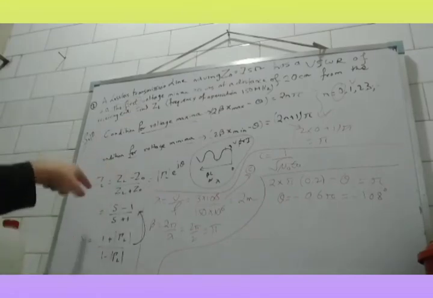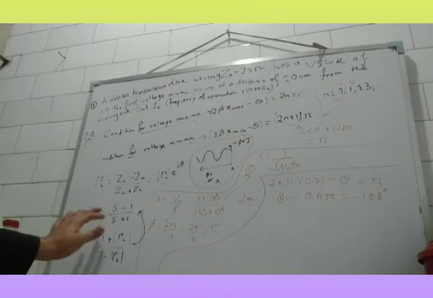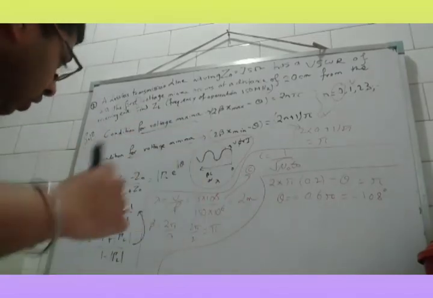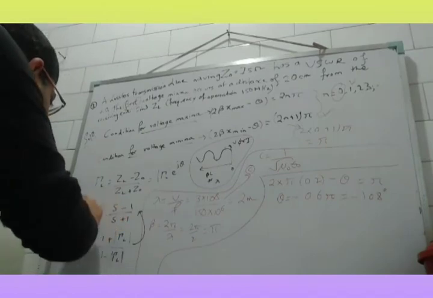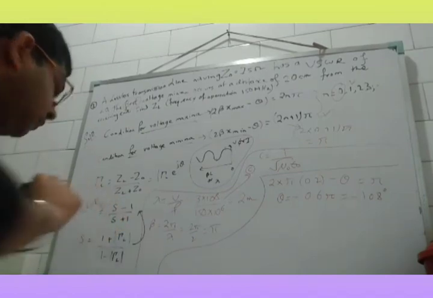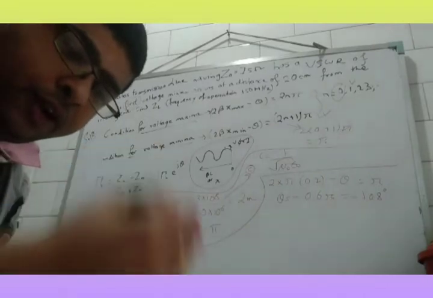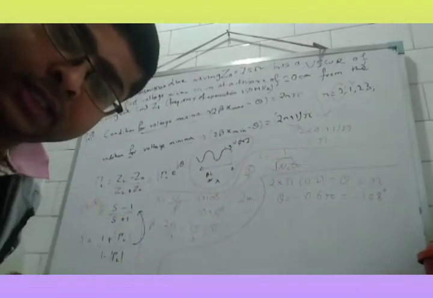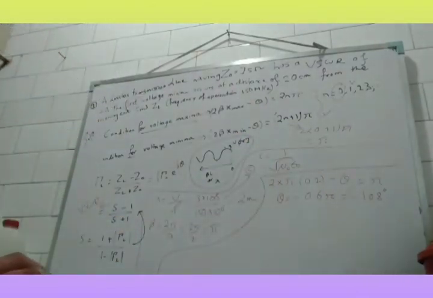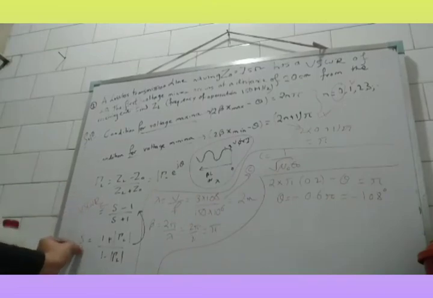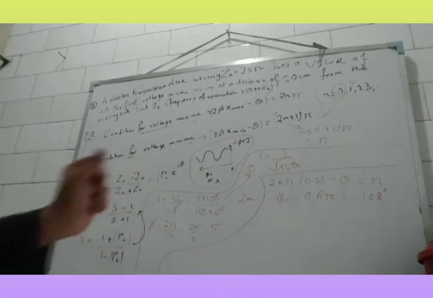Okay. Another formula for the reflection coefficient is S minus 1 by S plus 1. What is S? S is basically your VSWR, voltage standing wave ratio. You can denote it by small s. So the VSWR formula, you know this: VSWR is equal to 1 plus the mod value of the reflection coefficient at the load end, by 1 minus the mod value.